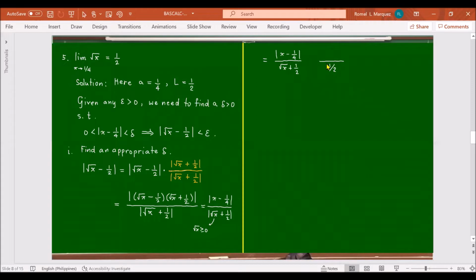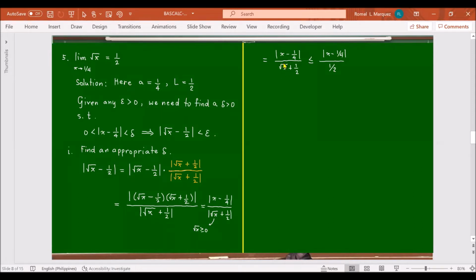So if the denominator gets smaller, this fraction now gets bigger. So once I remove this radical, I get now a fraction that is getting bigger. Okay? So this is now greater than or equal to absolute value of x minus 1/4 over 1/2.